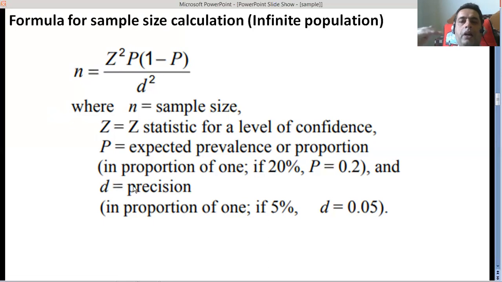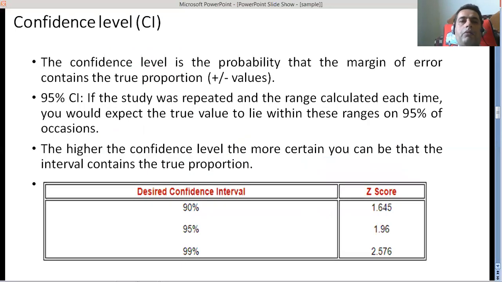And that is defined by this plus and minus proportion that you give along with your population size. And this d in a proportion of 1, if 5%, d would be equal to 0.05. If you are using a precision of 5%, then you can use this particular value, 0.05, in this formula. So remember the formula, and then we discuss these different terms one by one.